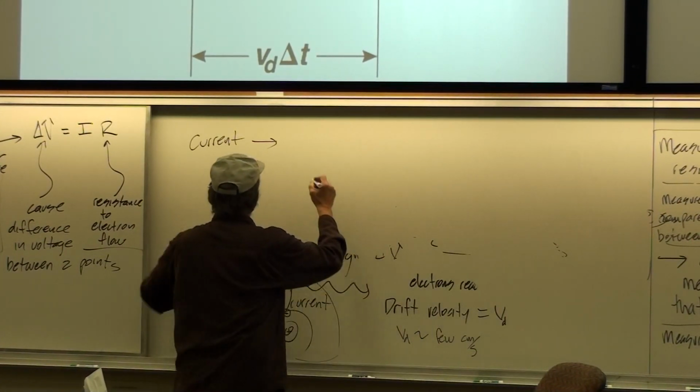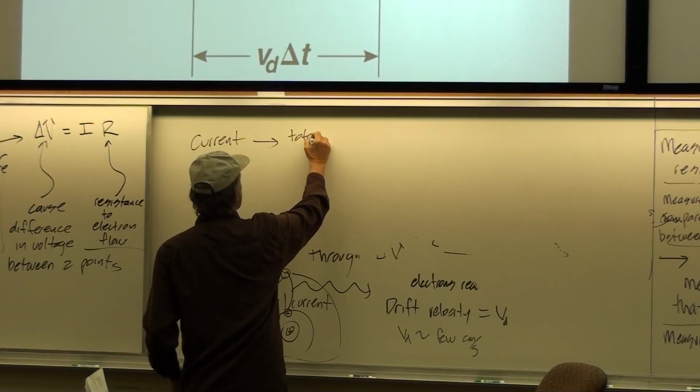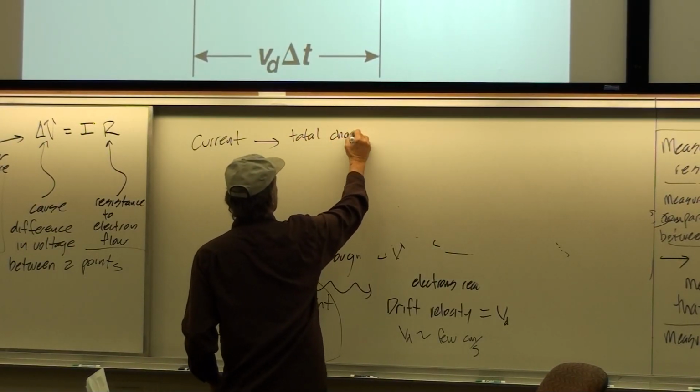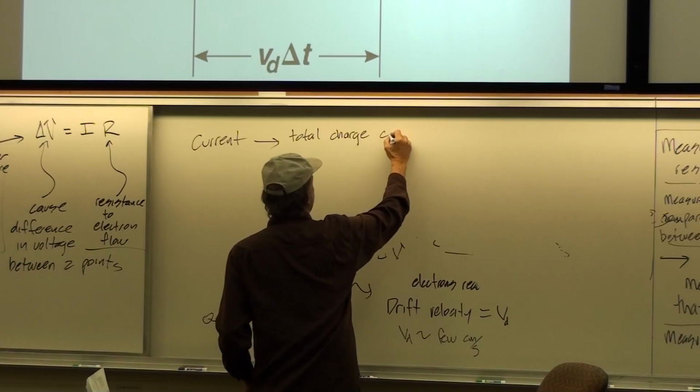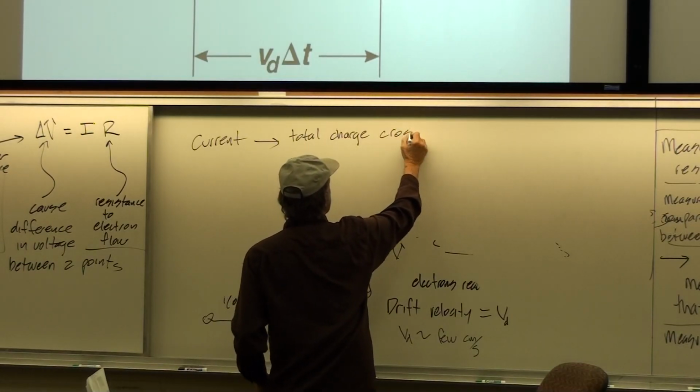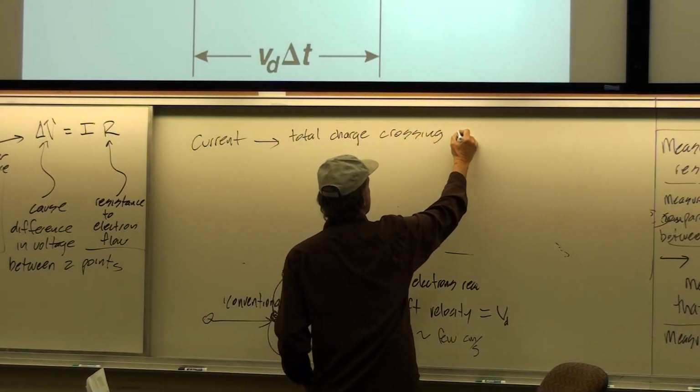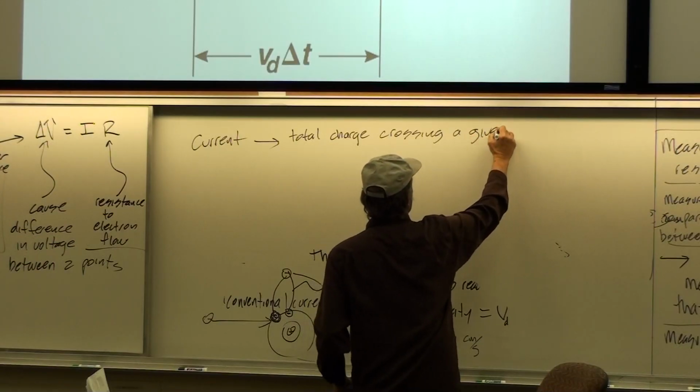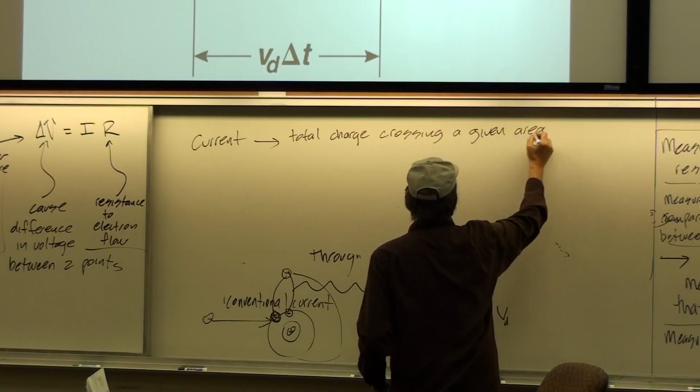So we can define current as being the total charge crossing a given area in a given time.